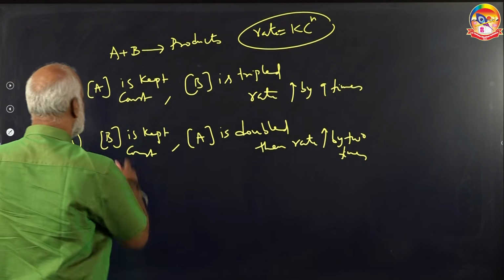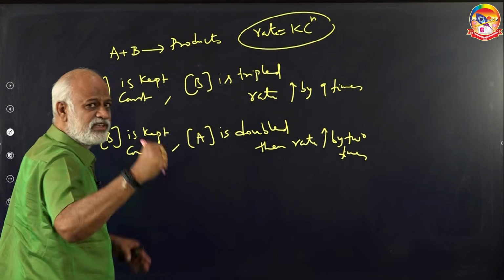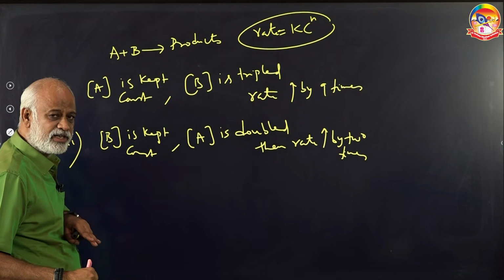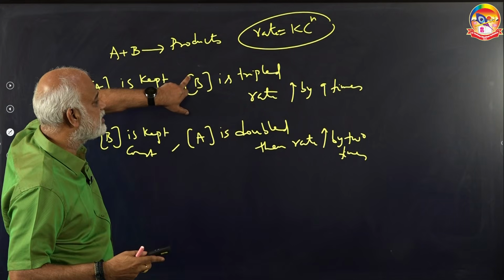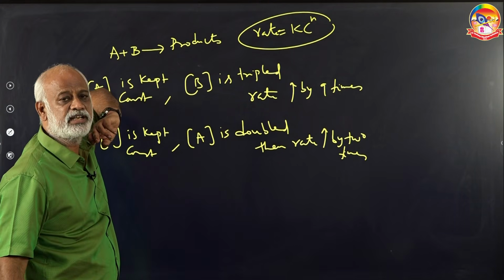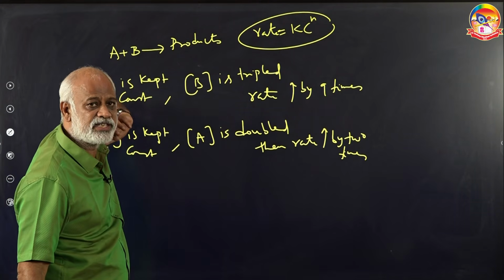You see, A is kept constant. What is the reason that I keep A constant? By keeping A constant, I am only knowing the influence of B on rate, so that I can tell how B influences rate.